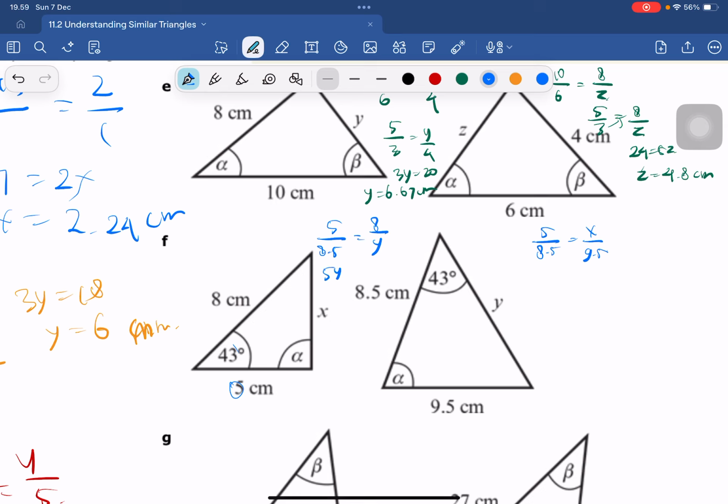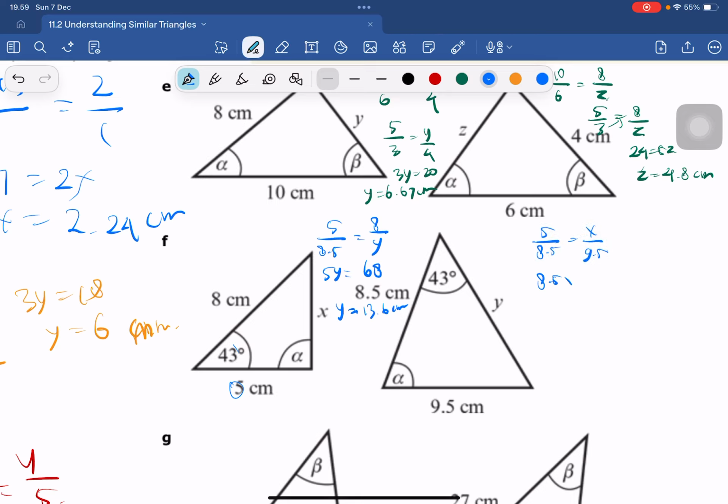So this is going to be 5y equal to 8 times 8.5, which is 68. So we can divide by 5. So the y is equal to 13.6 centimeters.